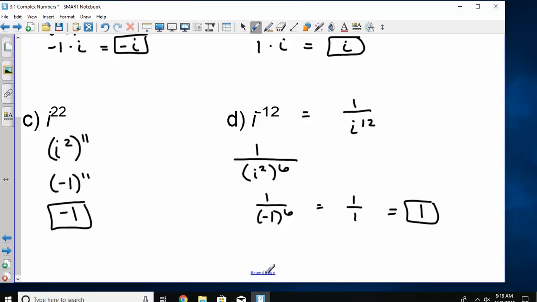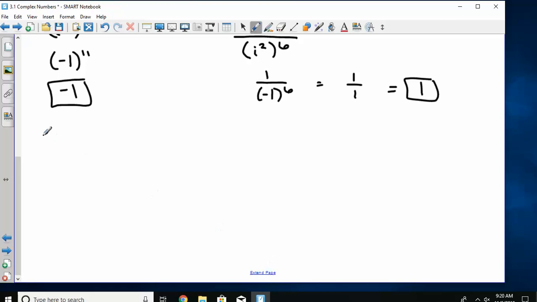Let me do one more negative. Say I gave you i to the negative 51st power. Okay. So what does the negative do? Okay. So if I want to break down that i to the 51st, how many i squareds? 25.